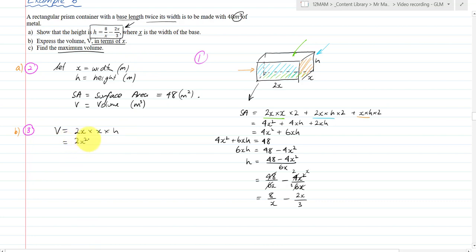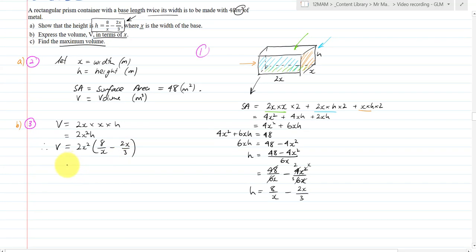I get 2x squared h, but I know that h is equal to 8 over x minus 2x over 3, so therefore the volume will be equal to 2x squared times 8 over x minus 2x over 3, and that simplifies out reasonably nicely to 16x, the x squared and the x cancel, minus, I might even write it like this, 4/3 x cubed.